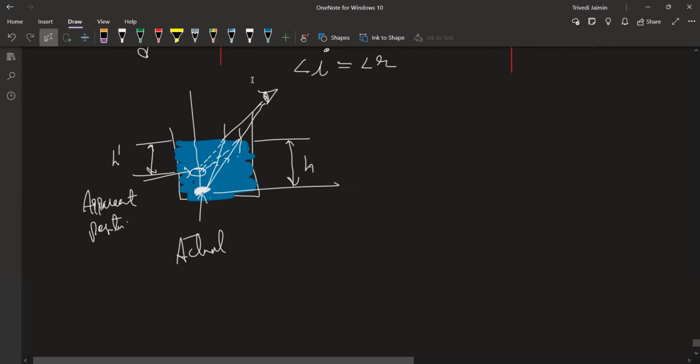So what will happen here? Just a small change in angle, even if we change the angle of vision, instead of here, if we see from here, it will change. Instead of here, it will be somewhere up.